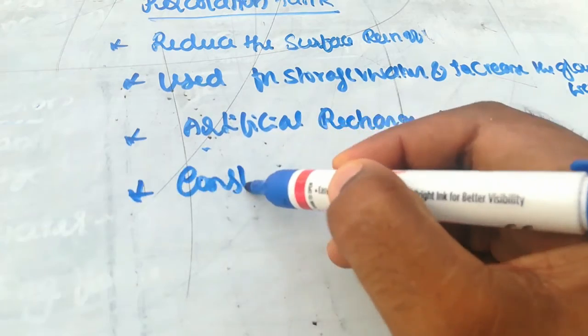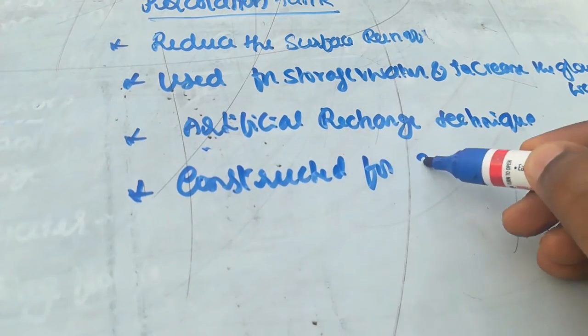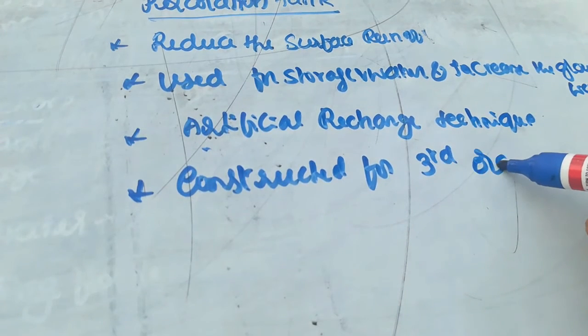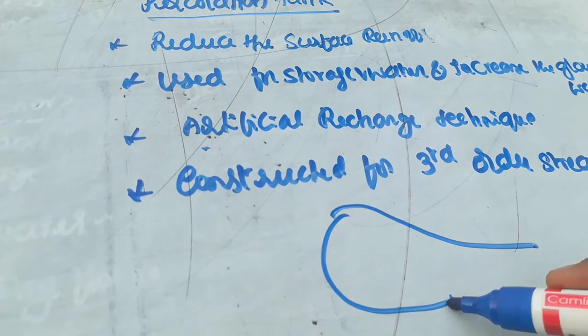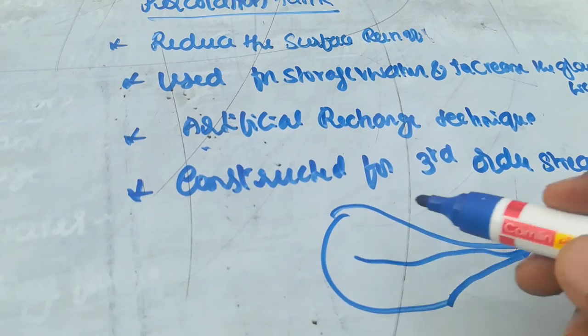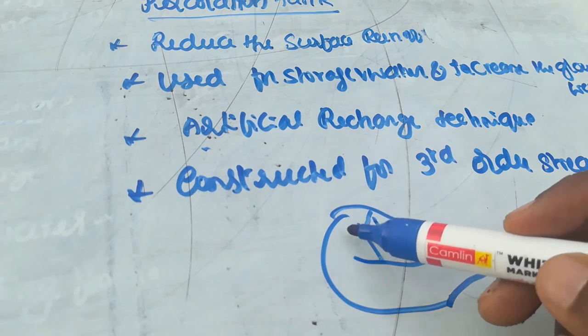It is constructed for third order streams. Third order streams means, this is the catchment. If I explain it related to the catchment, when the water is diverted, this is one.